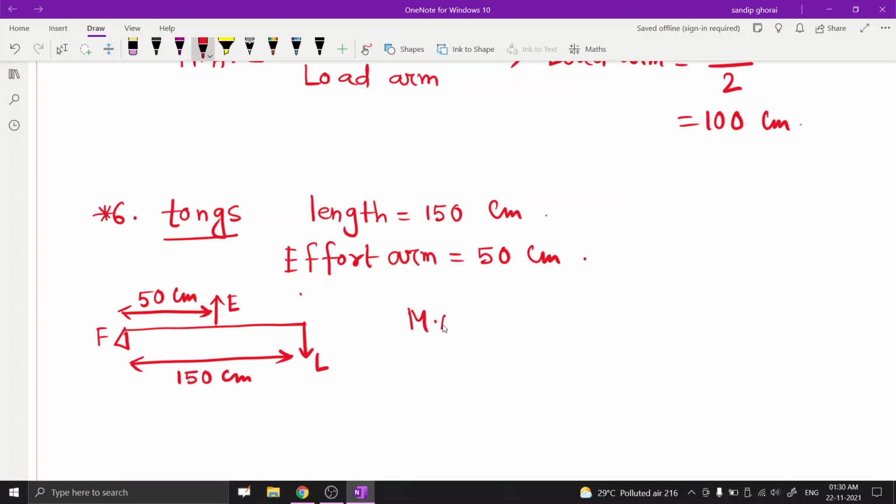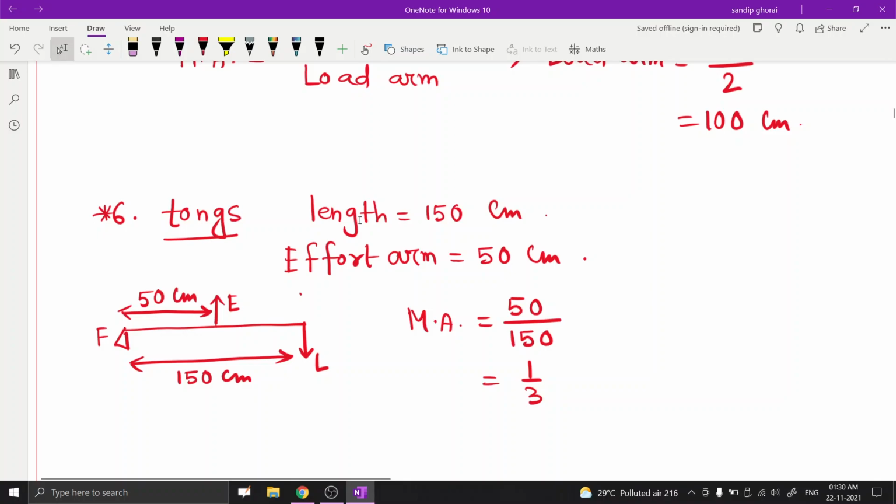So what is its mechanical advantage? Simply effort arm 50 divided by load arm 150. So the answer is 1 upon 3, and as this is a third class lever, mechanical advantage is less than 1. So we get mechanical advantage less than 1.